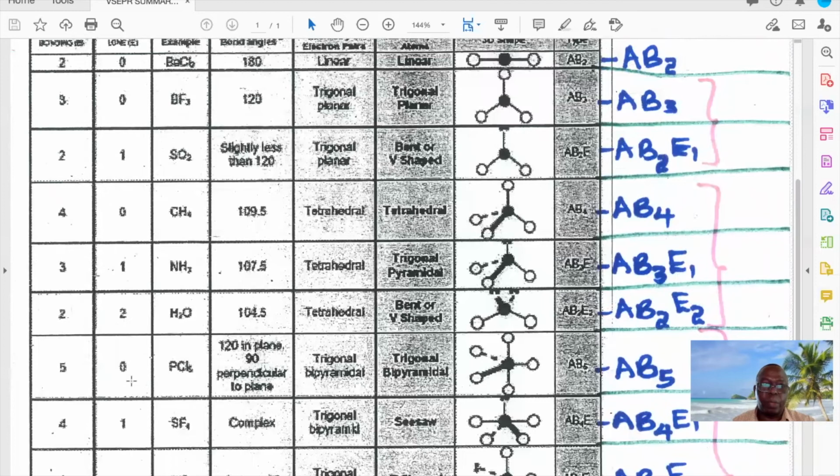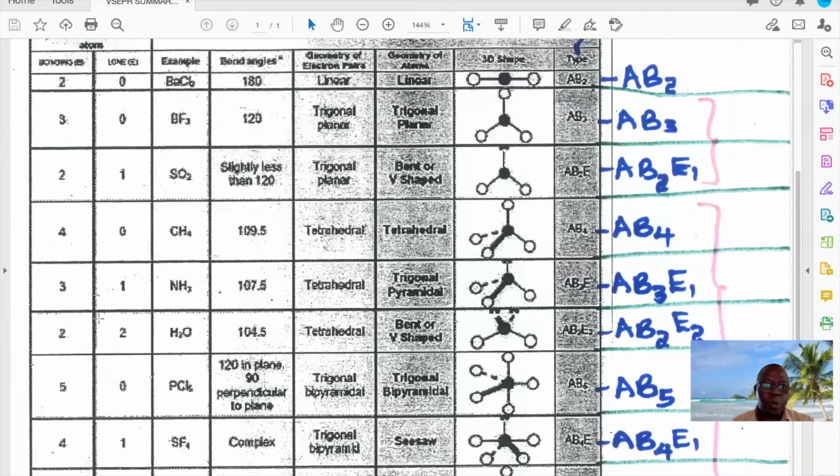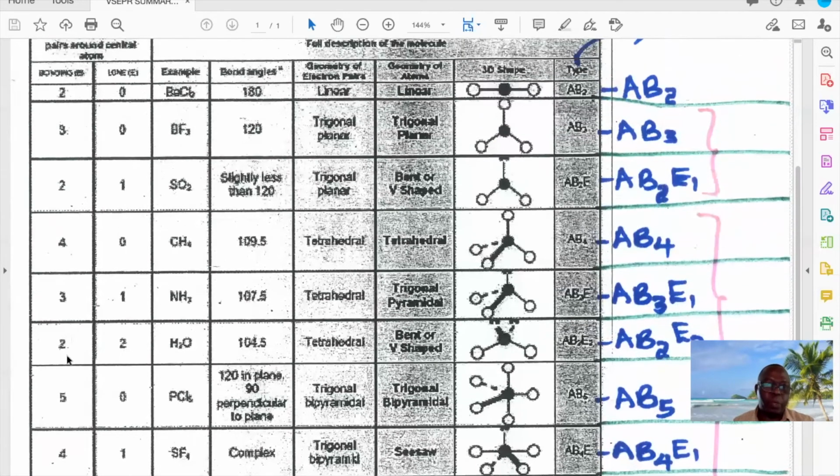So we're talking about 2 domains. You look at this, 4 domains because of 2 and 2. If you look at electron domain, it is tetrahedral. So for H2O, this electron domain is tetra what? And molecular geometry here is bent.